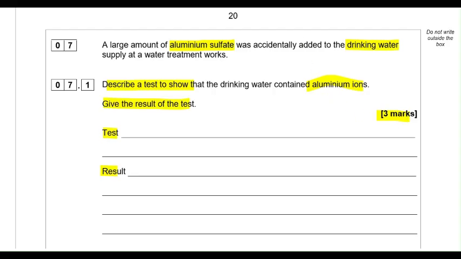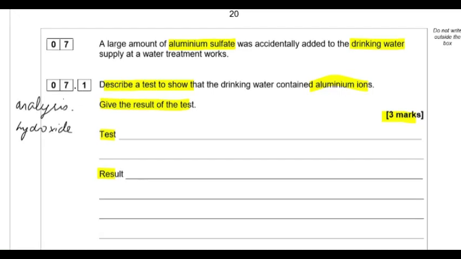This is a question from the analysis topic, and it's about the addition of hydroxide ions to identify aluminium, calcium and magnesium ions. And you get a white precipitate, but only the aluminium hydroxide precipitate dissolves in excess sodium hydroxide, and that's how you tell the aluminium from the other 2.